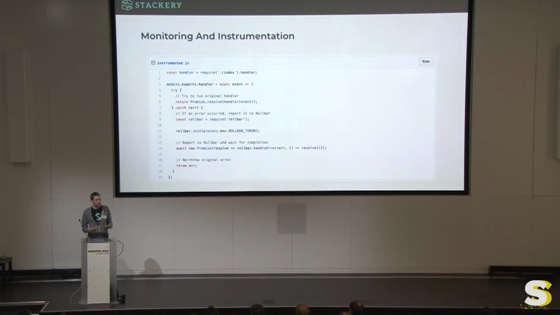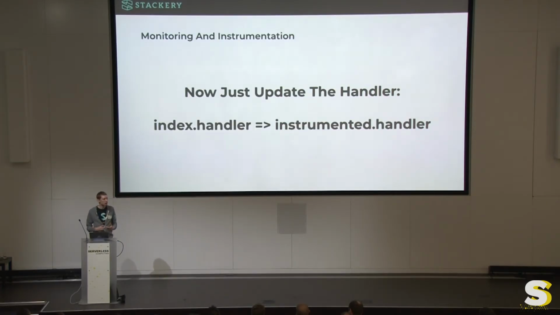And if that original handler has an error that it triggers, it throws, we capture that, and now we send it off to Rollbar. All we have to do at this point is update the handler for our function from index.handler to instrumented.handler. So if you have a development process that can slip in an extra file at deployment time and update the handler in your template, then you have achieved a mechanism for auto-instrumenting all of your functional code.